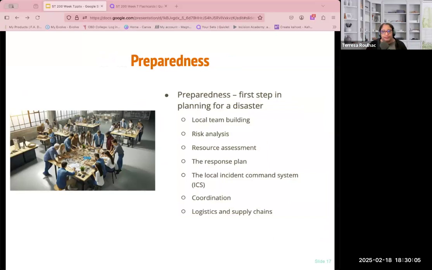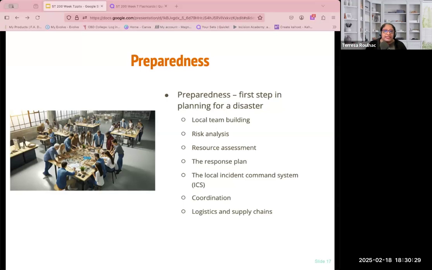You have local team building. This is going to be important to form coordinated local teams that include healthcare professionals, emergency responders, and community leaders. This could mean us as surgical techs are collaborating with our surgeons, our nurses and our emergency personnel just to make sure that everyone knows their role during a disaster.